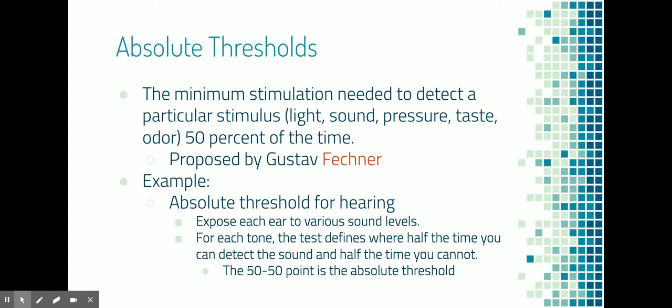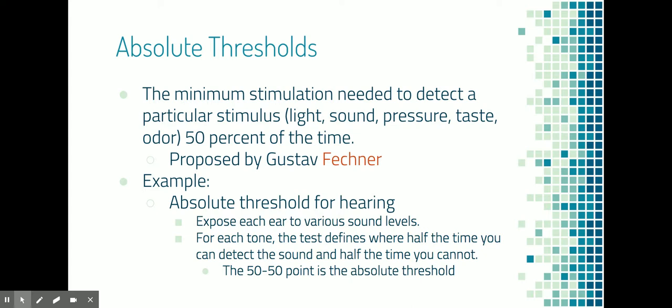If you think about us as people, he would say, what is the quietest sound? What is the least amount of sound waves that could be happening for you to be able to detect a sound at least half of the time? And he would say, whatever that number is, that is your absolute threshold.